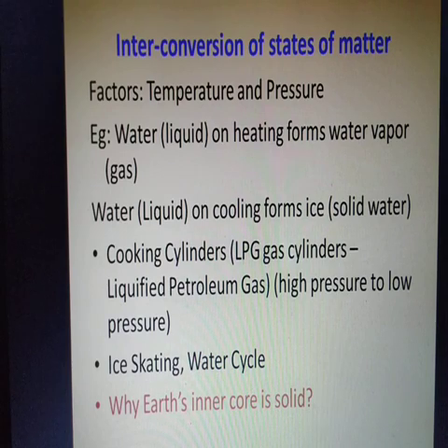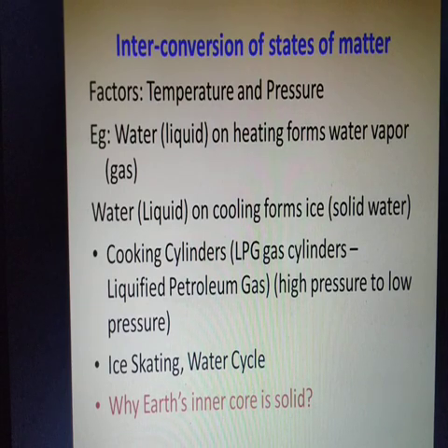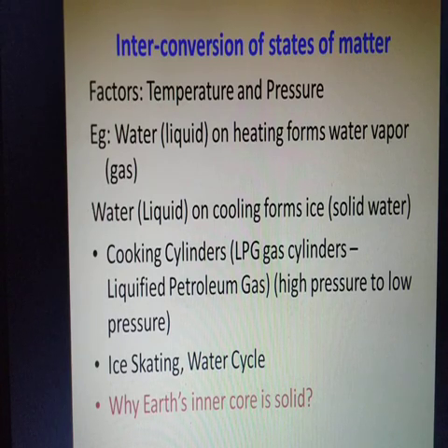If you check the melting and boiling points of iron, nickel and all the elements on Earth, at such temperature their boiling points are above 5,000, 5,500, above 6,000, so they would become gaseous.